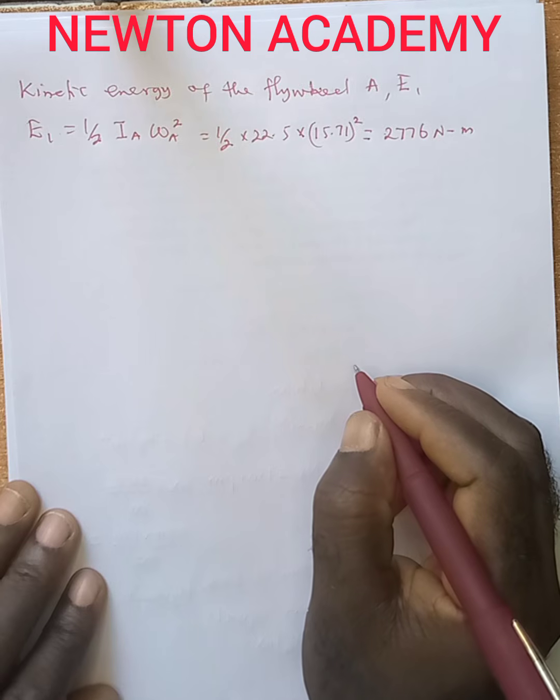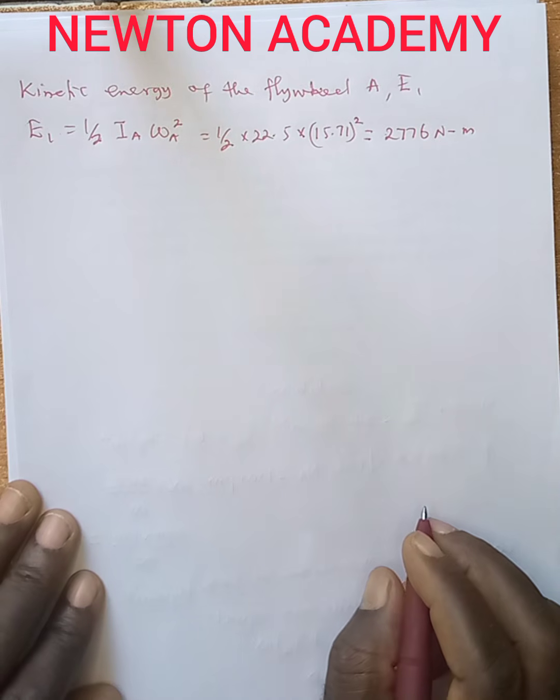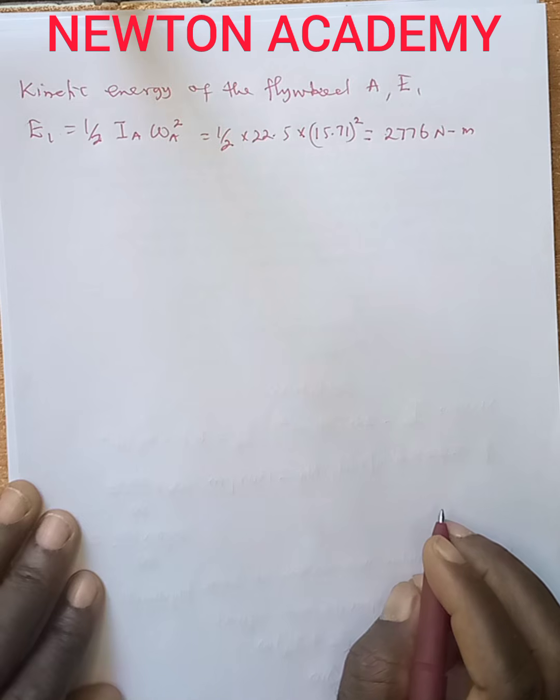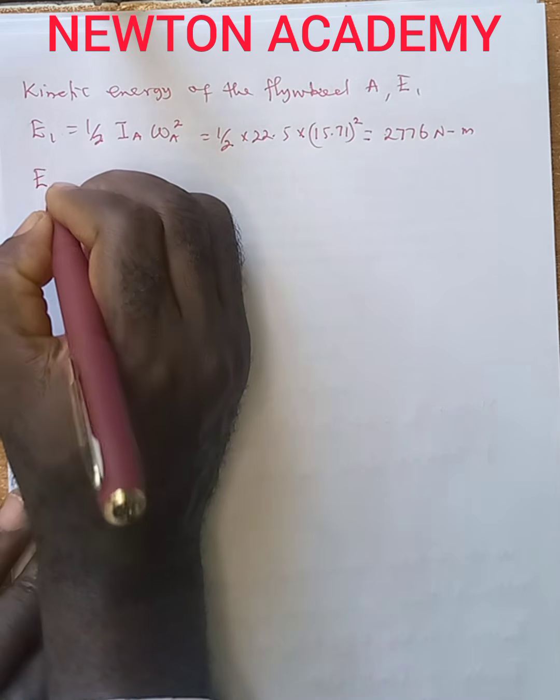Then let us now calculate the kinetic energy of the system when the speeds are equal. We'll have that one as E2.